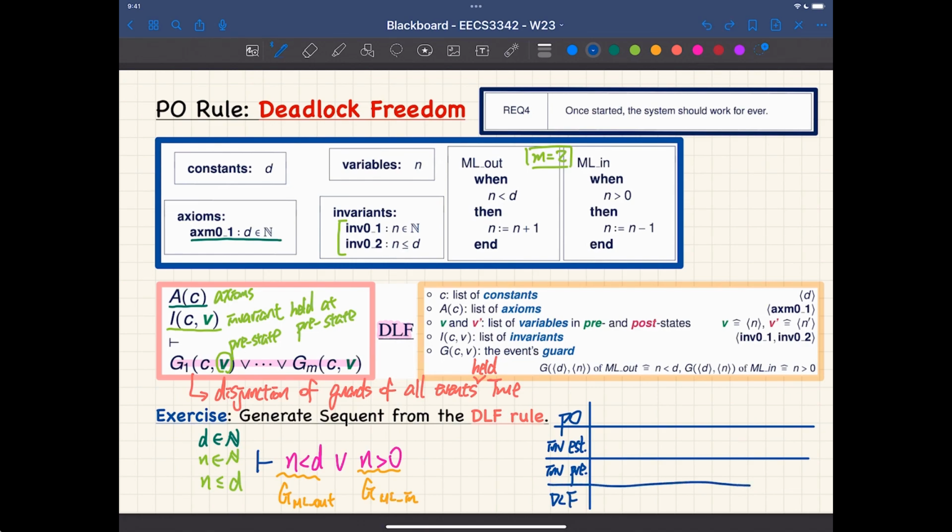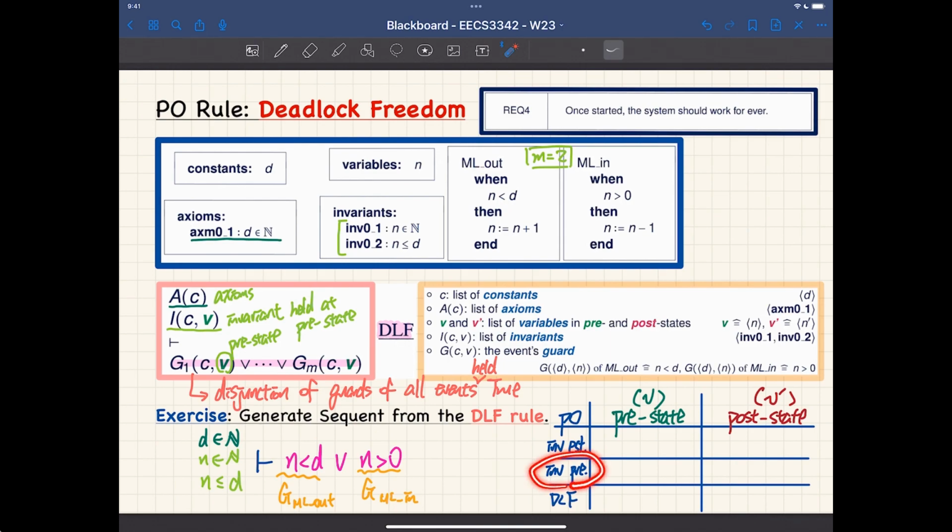I want you to think about, in order to formulate each one of them, what states should be involved in terms of pre-state. We've got the pre-states, namely just the V, and also the post-states, which is the V prime. Okay? I'll start with the easiest one.